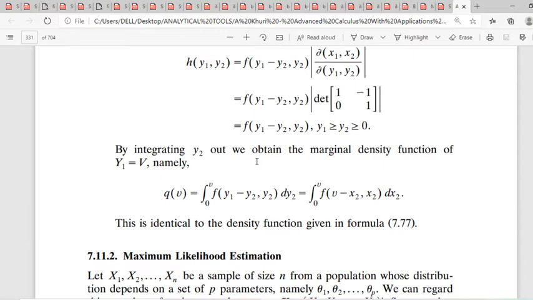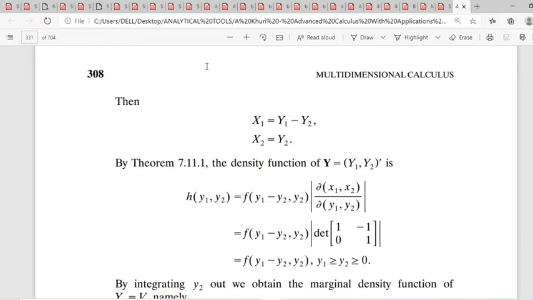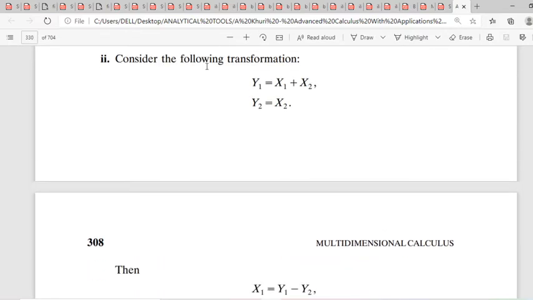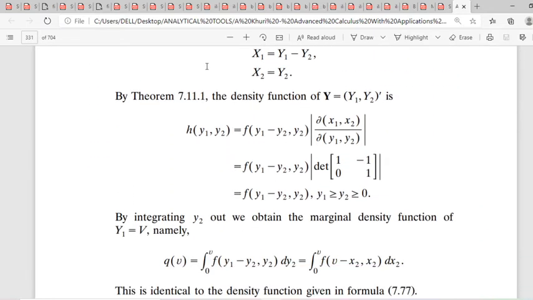What is v? V is actually y1, because v is equal to x1 plus x2. So in order to find the density of v, we added one dummy variable y2, and instead of v we have written y1 and used this transformation method.